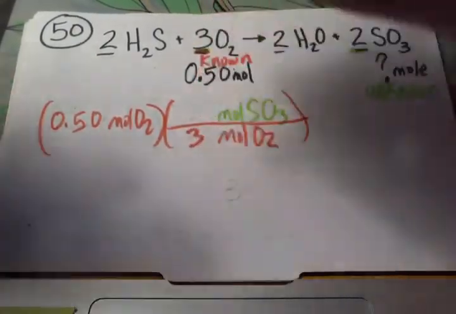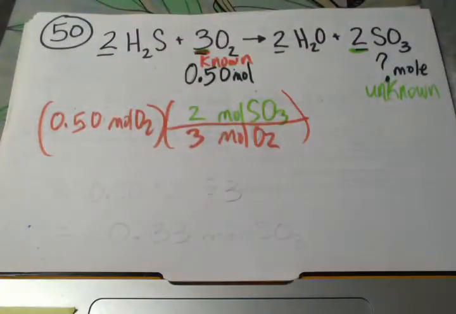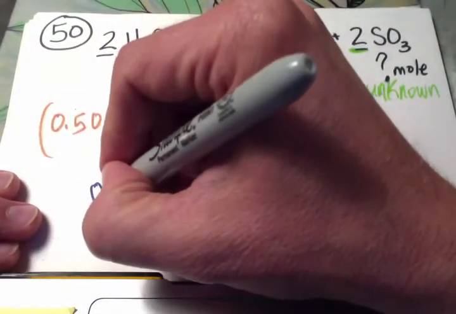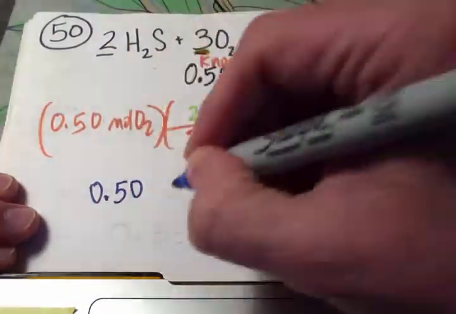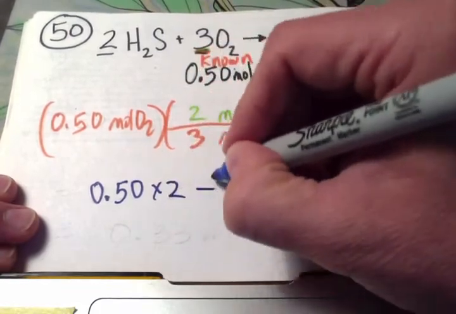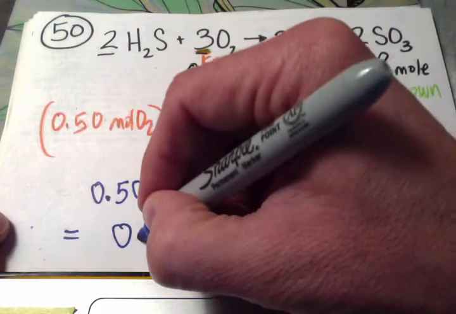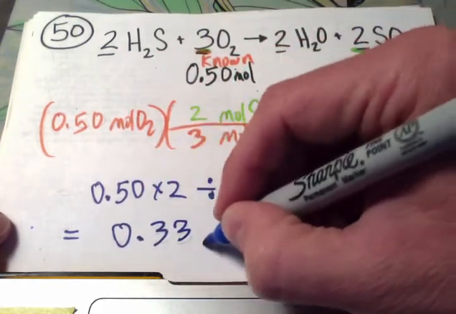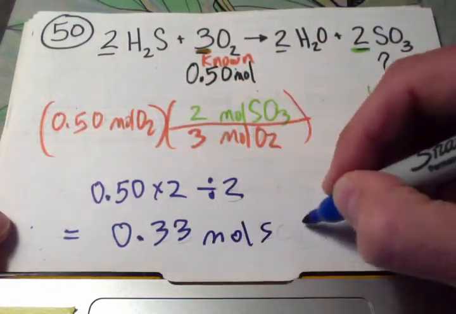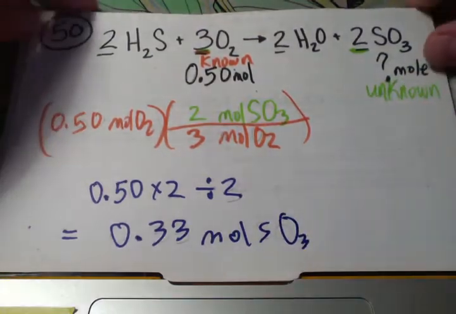They aren't the same, but they're close. So what am I doing here? I'm taking 2/3 of half. Half of 2/3 is 1/3 of a mole.